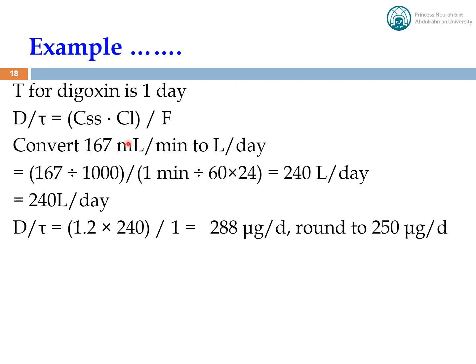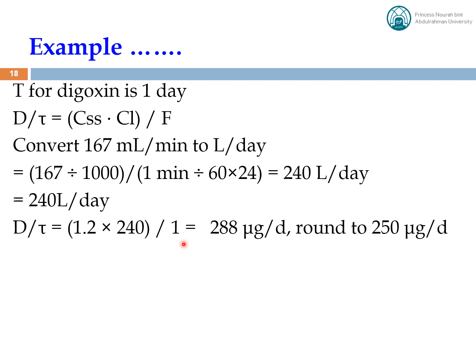So we have converted the 167 milliliter per minute clearance value of digoxin into 240 liters per day. Then the maintenance dose per tau will equal the steady state concentration of 1.2 micrograms per liter, multiplied by the clearance of 240 liters per day, divided by an F value which equals 1.